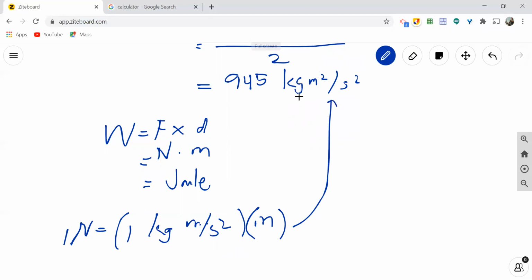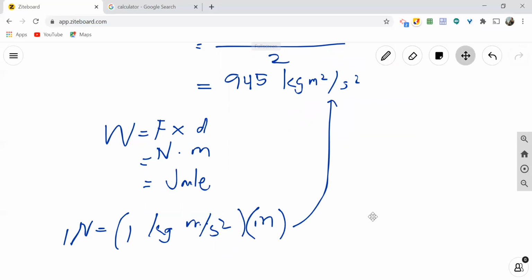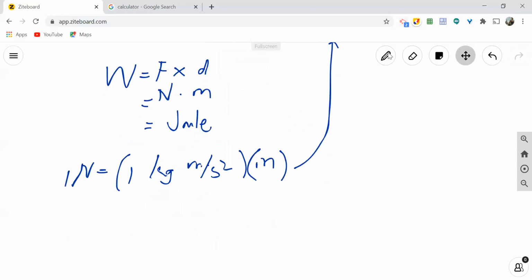Alright? So meaning, kilogram meter squared per second squared, the same with the units of work, which is equivalent also to joules. Therefore, we can now say that kinetic energy for our final answer is 945 joules.